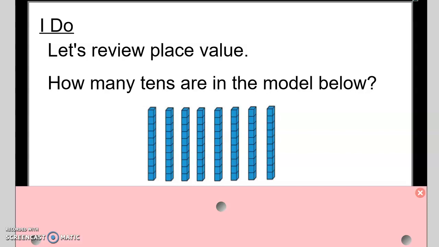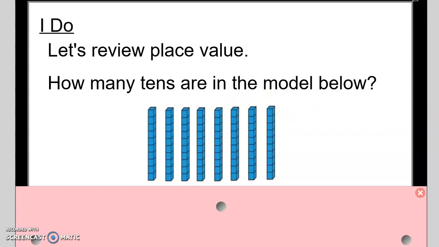Let's check this example out. How many tens are in this model? There are 1, 2, 3, 4, 5, 6, 7, 8 tens this time.